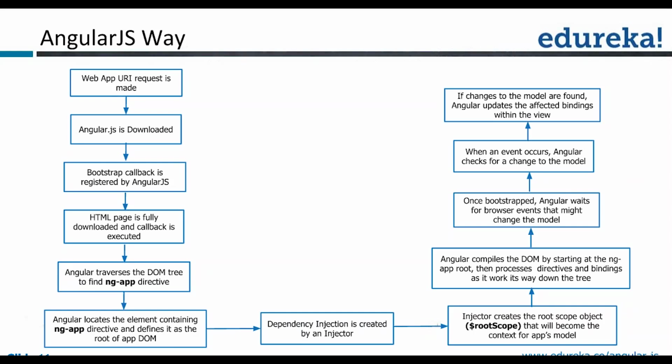This is one of the features wherein AngularJS will give you all the dependencies that we have defined in our modules, whether it is a service, a factory, or a directive.